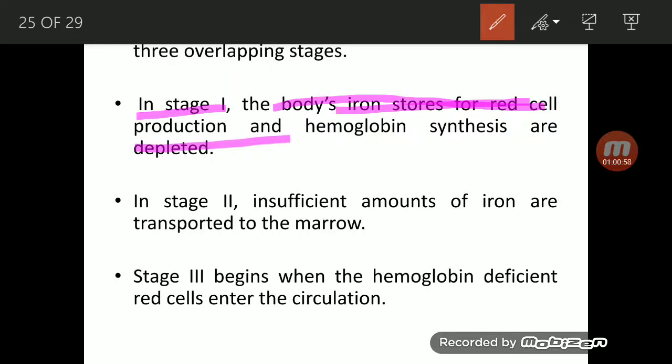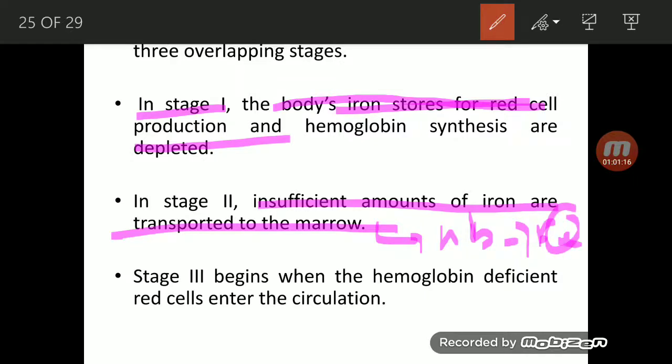In case of stage 2, now you have already depleted your stores, so the iron being transported to your bone marrow is going to be less. So you may be producing hemoglobin which is deficient of iron, because you have already depleted your source and you are not getting more iron.